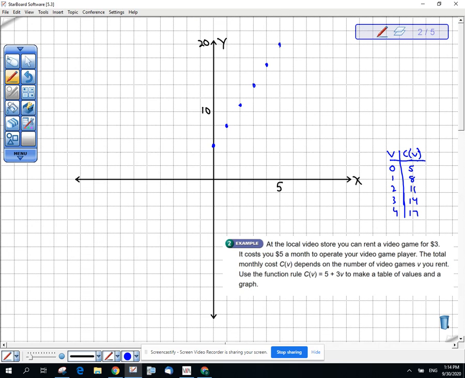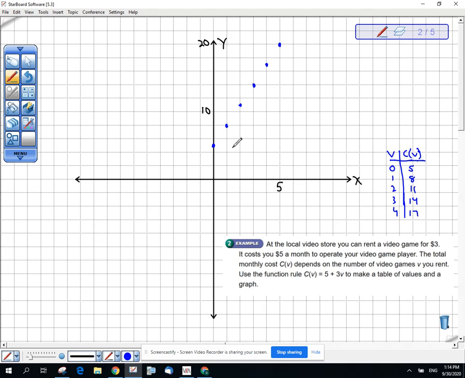Okay, now here's the thing, and this is new. What we've taught you so far is, hey, get some points on there so that you can see what the shape of the thing's going to be, and then go ahead and draw yourself a line that connects all the points. And that would be fine if I just said, hey, graph the function C of V equals 5 plus 3V, and you had no context about the video games. But you know what?